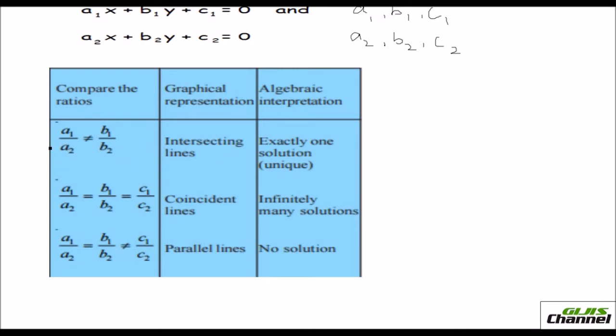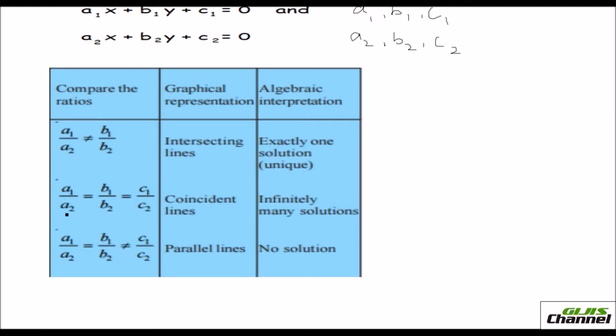If a1 over a2 is not equal to b1 over b2, then you can say the two equations intersect. When they intersect, they have one point in common, so it has a unique solution.